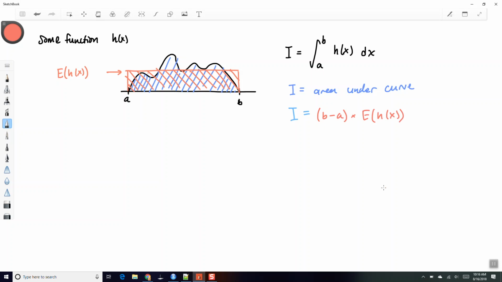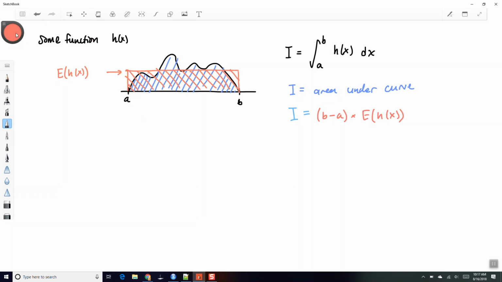Okay. So whatever height this is, the two areas are equal if one is the average value of the function over the interval.